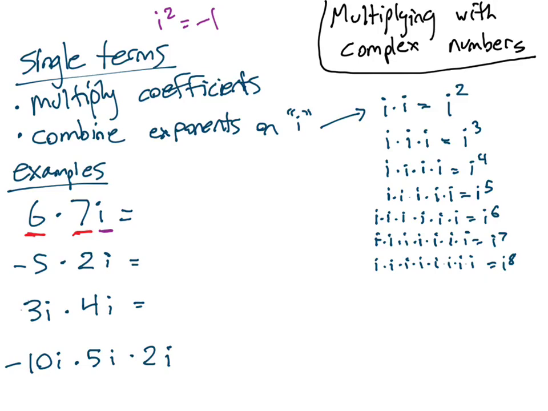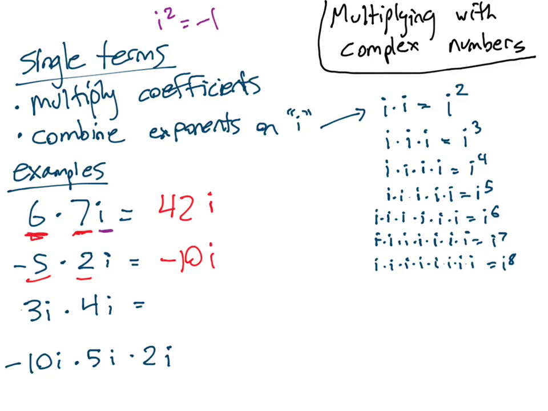So to multiply 6 times 7i, we're going to multiply those coefficients together and we get 42i. To multiply -5 times 2i, we multiply -5 times 2, that's -10, and we still have i.